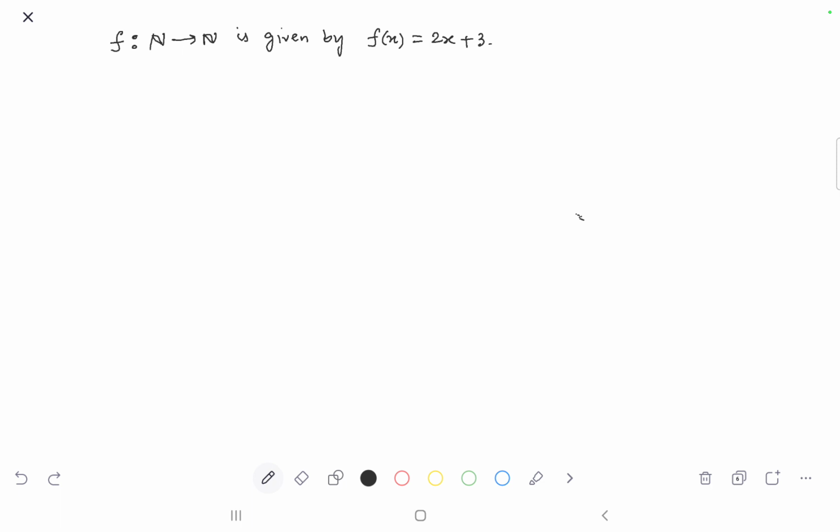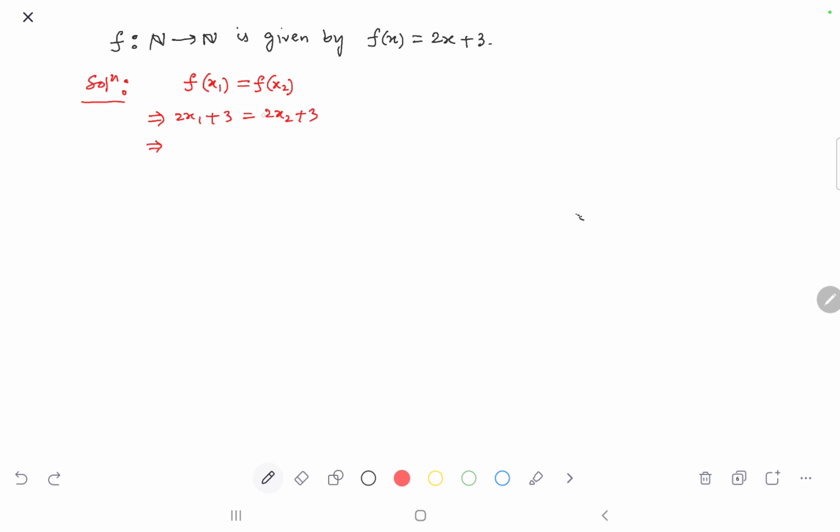Yes, you are correct, it is injective. How do you write the solution? You start with f of x1 equal to f of x2. This implies 2x1 plus 3 equal to 2x2 plus 3.